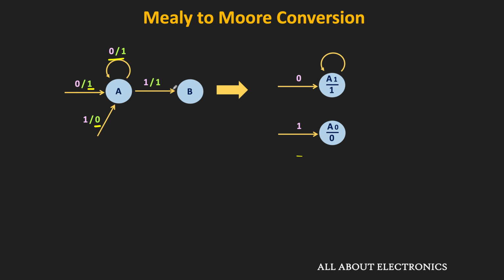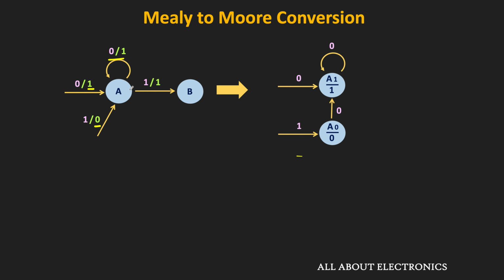That means in the A1 state, when the input is 0, it remains in the same state. But for the same input, the A0 state will make a transition from A0 to the A1 state, because in the A0 state the output of the machine is 0, and therefore for this specific transition it will go to the A1 state.